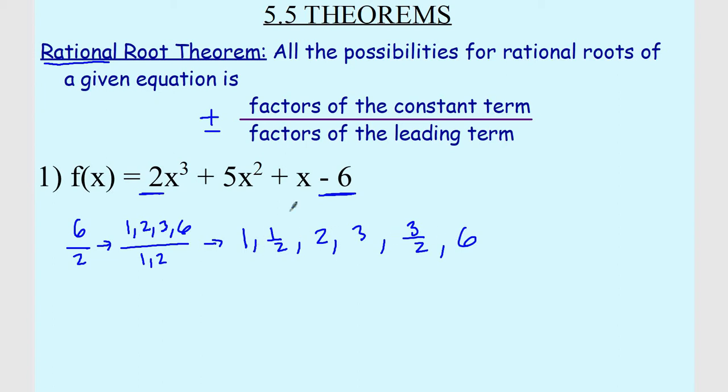But notice, these are only one side. Notice all these numbers have in common, they're all positive. We could also have the negative of each one. So instead of listing all of them twice, I'm just going to list them with a plus or minus in front.